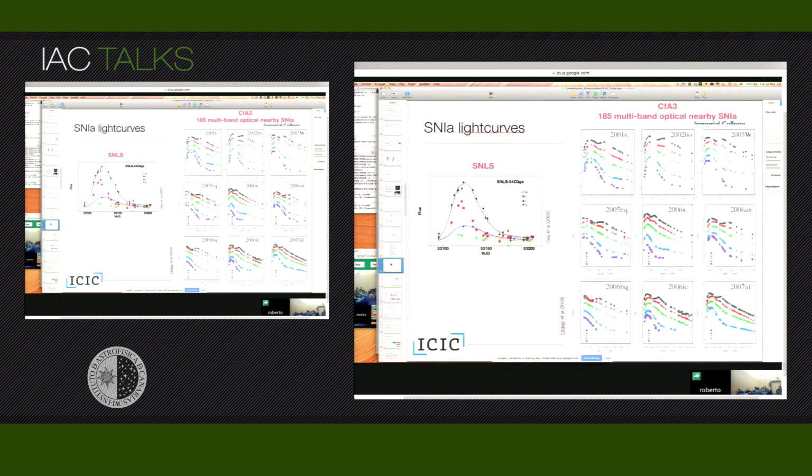Here is an example of the data. Here is an example of a supernova type Ia observation from the SNLS survey. What you see is time on this axis, so that's days.